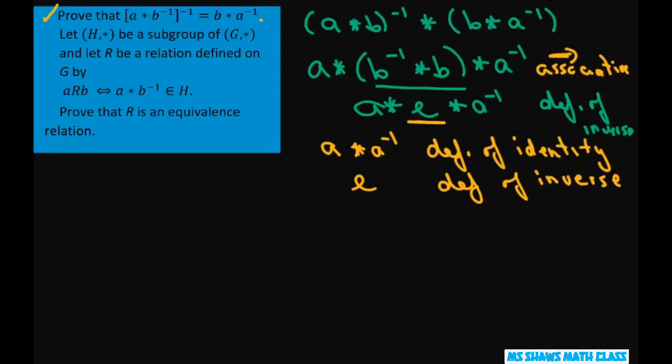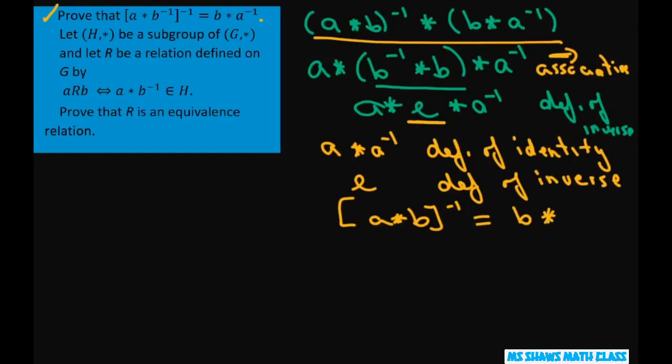So therefore, because of this, A star B inverse equals B star A inverse. All right.